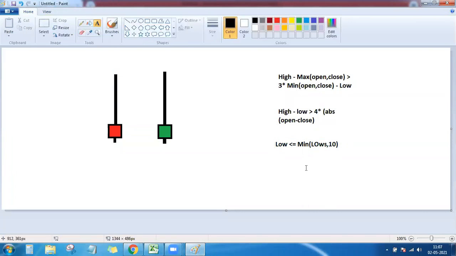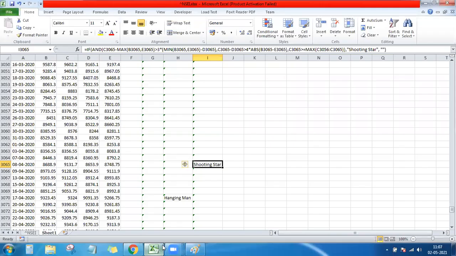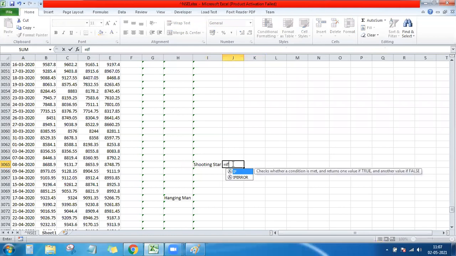Let us write these three conditions now. So what we'll do, we'll copy this. No, we'll not copy, we'll write it from scratch. Otherwise it creates confusion. So if and then and condition, and if both of them are true, we'll be printing it as inverted hammer, or else print nothing.